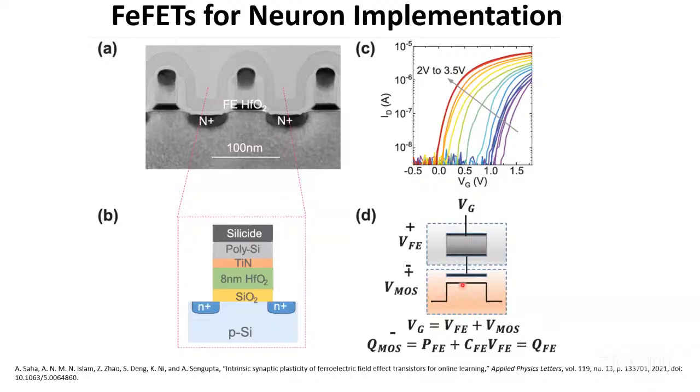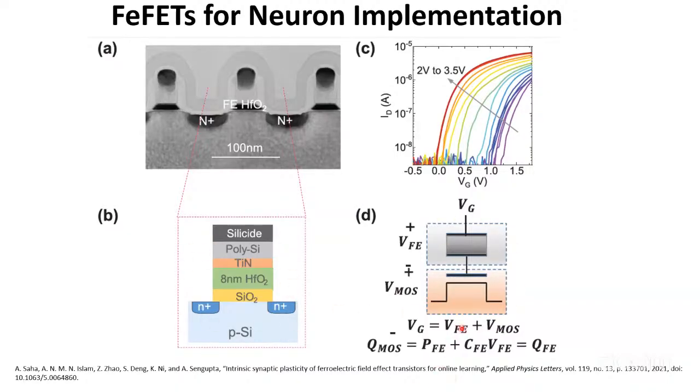You have a normal conventional MOSFET, and then you have a capacitor, which is called a ferroelectric capacitor. The gate voltage gets dropped across this ferroelectric capacitor and the MOSFET gate, so the total will be the overall gate voltage of this device.